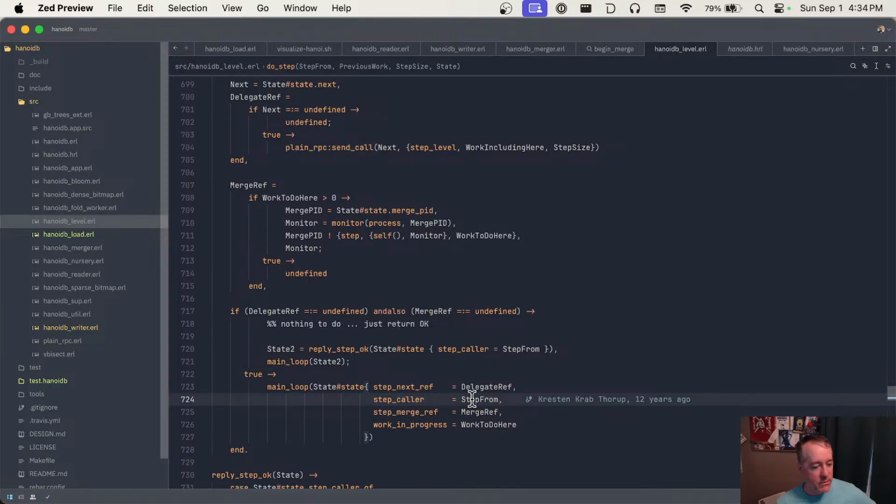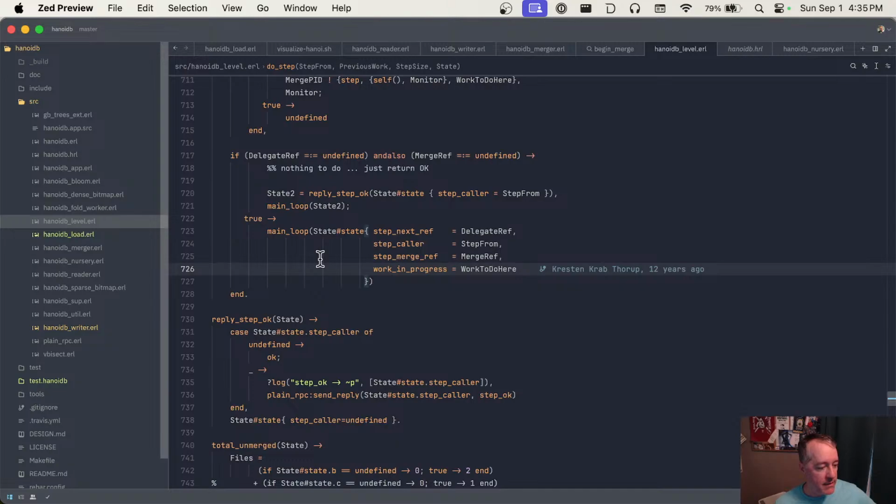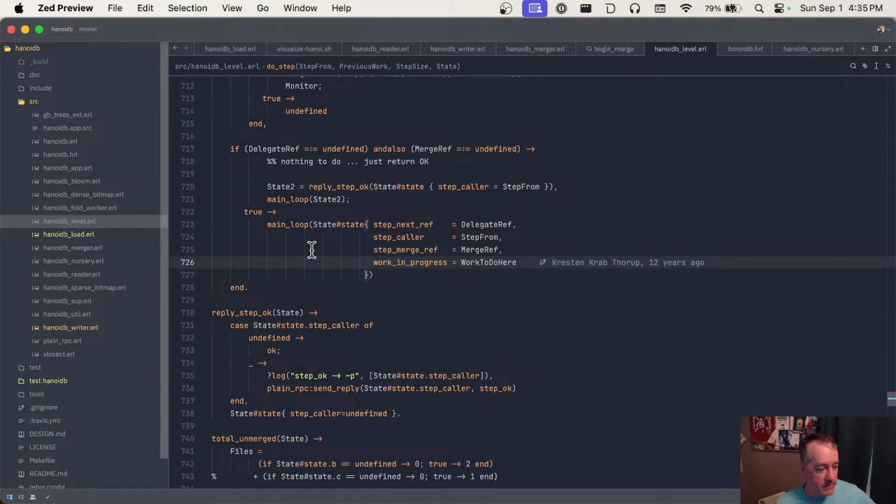And then we've got who called us to do a step. We've got the merge ref, which is monitoring the merger process. And then here's how much work was in progress. Okay. I think that is really, really informative.